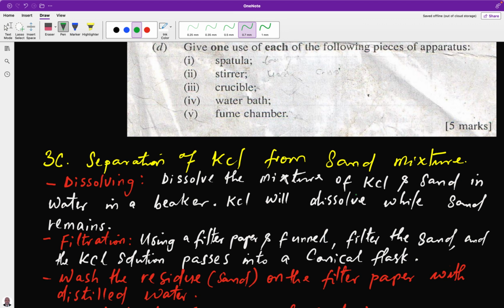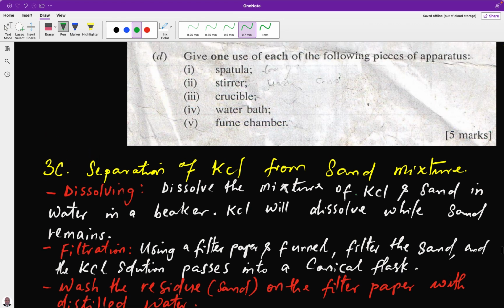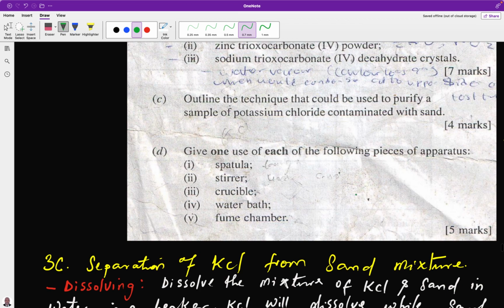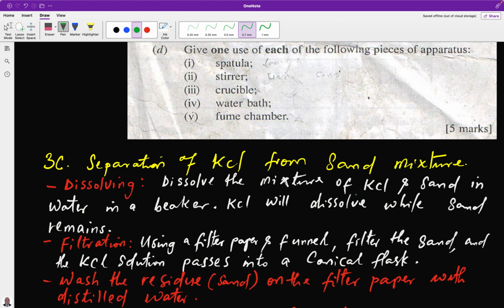There are about four stages that are used for this. You have to dissolve it, you have to filter it, you wash the residue, and you crystallize. There are 4 stages. Since the question says outline, it means you don't have to write much. Briefly, write the step, then write the little that you can put there.